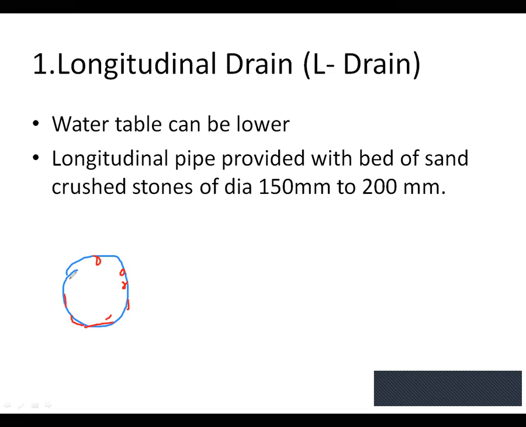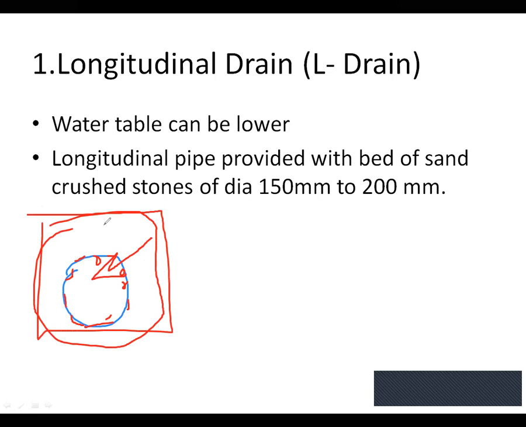Consider that there are holes in the pipe. That red line represents the openings or holes in the pipe, and those holes attract the water present in the soil. How do we attract the water? By providing a low pressure area. How do we provide a low pressure area? By providing a maximum void ratio in that area. So how does the void ratio increase?